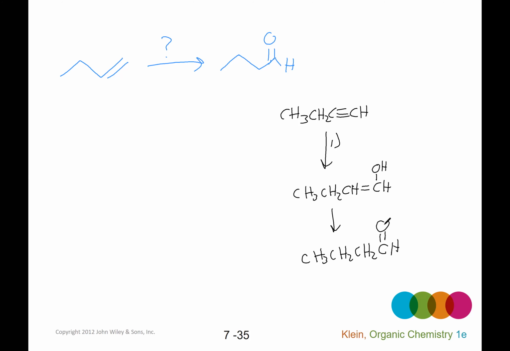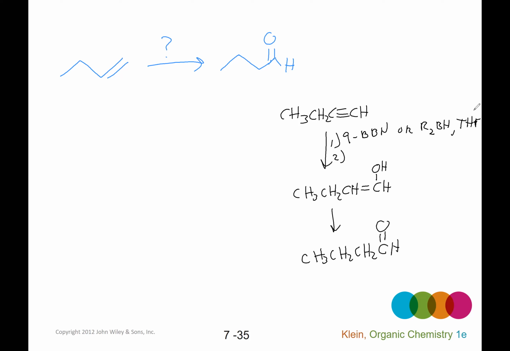Well, normally we add water to a double bond with BH3, but remember BH3 gives you a mixture, so you have to use 9-BBN, that's a sterically modified reagent, in THF solvent.